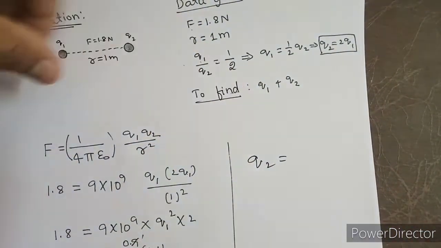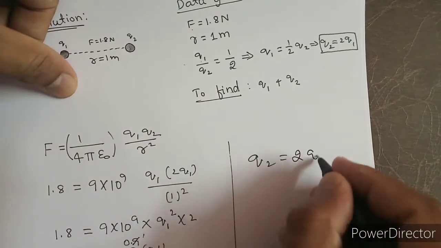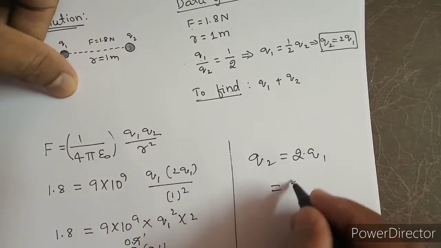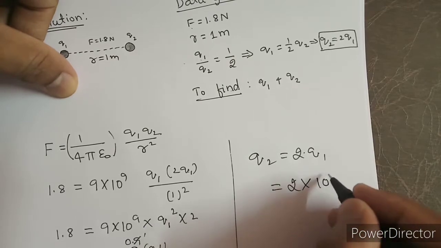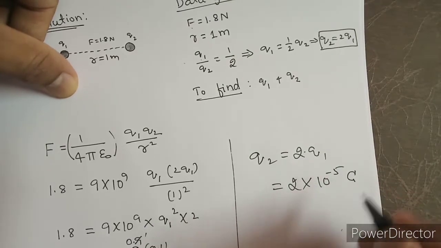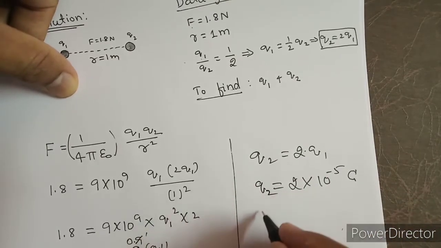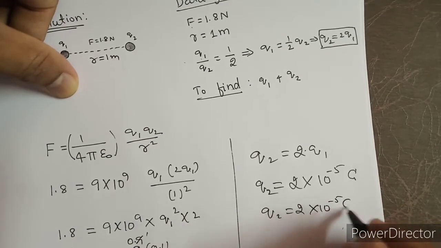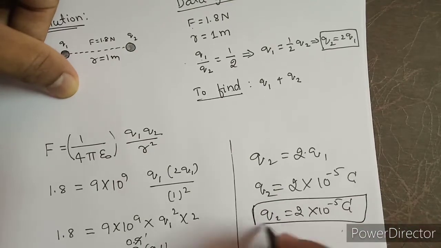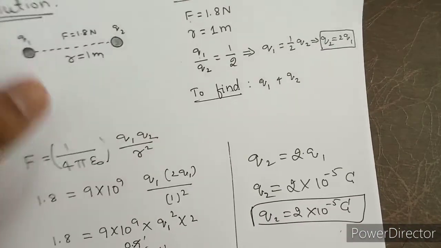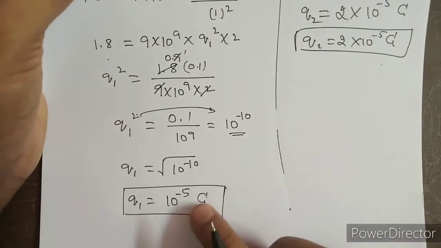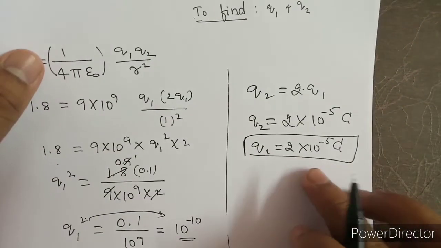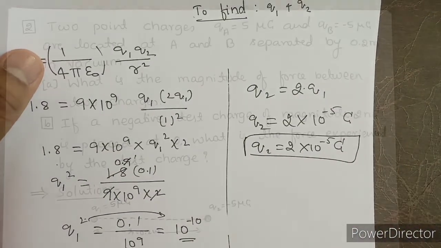Q2 is equal to 2 times Q1, so that is 2 into 10 to the power minus 5 Coulomb. That's it. So Q1 and Q2 are 10 to the power minus 5 Coulomb and 2 into 10 to the power minus 5 Coulomb. Thank you.